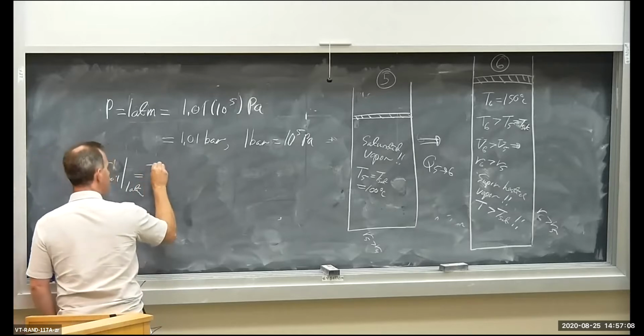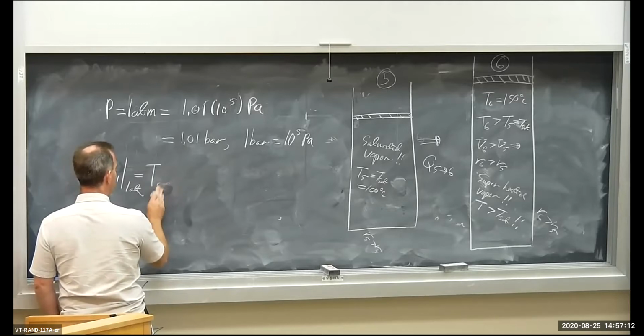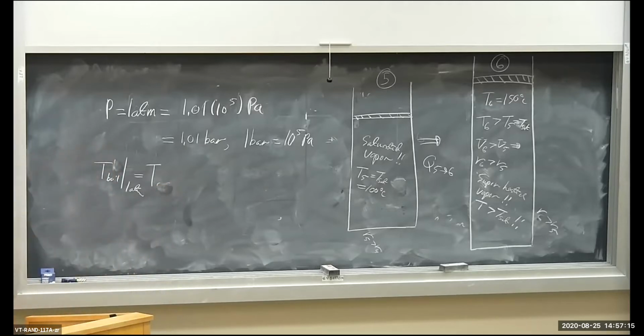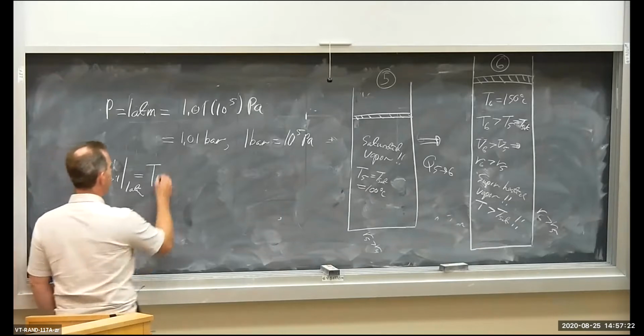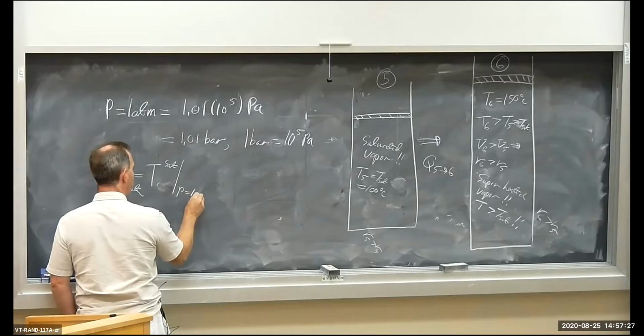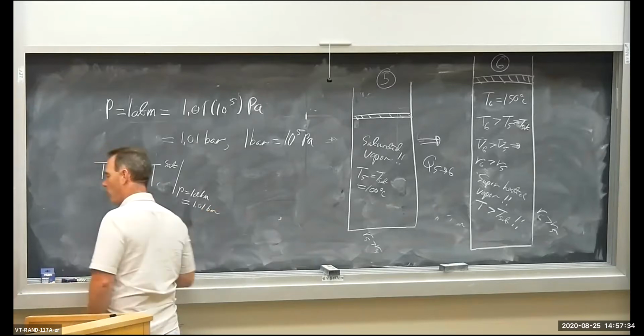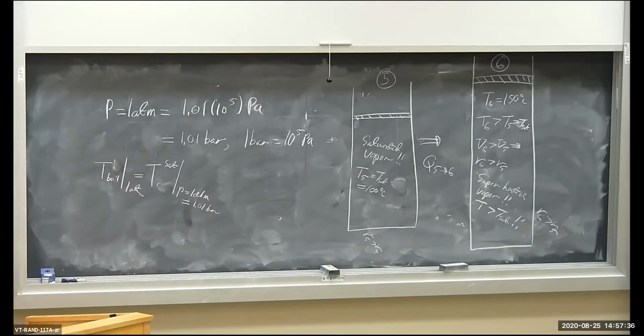If you like, T sat. I forgot whether I use superscript or subscript. Well, so T sat at pressure equals 1 atmosphere. Or if you like, 1.01 bar. It's actually 1.014. So let's have a look here at our saturation tables.